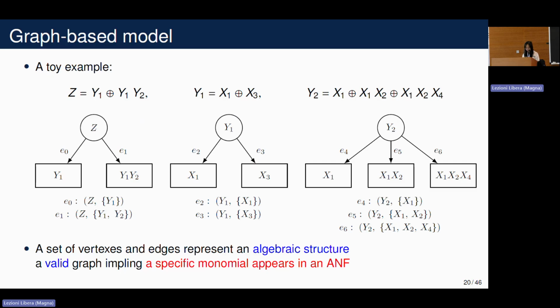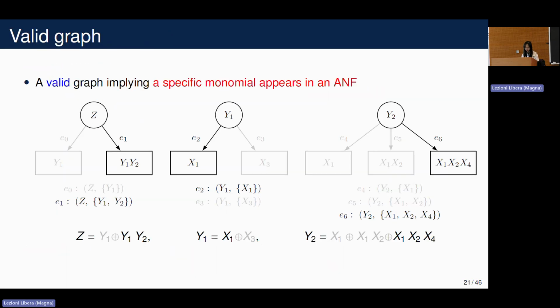We have seen that the set of vertices and edges represents an algebraic structure. To determine whether a monomial appears in an ANF, we need the concept of a valid graph. A valid graph implies a specific monomial appears in an ANF.